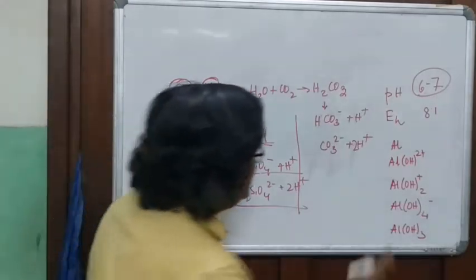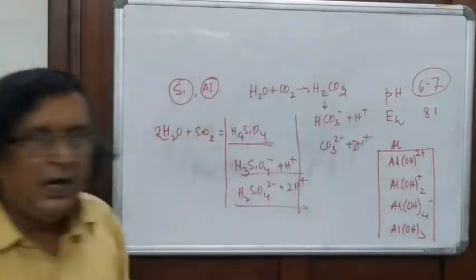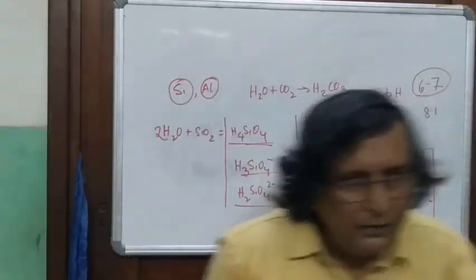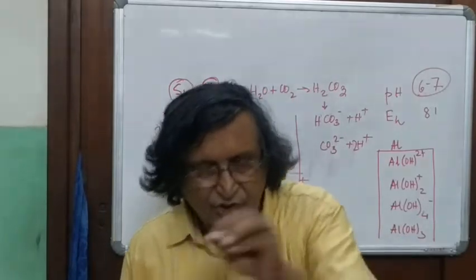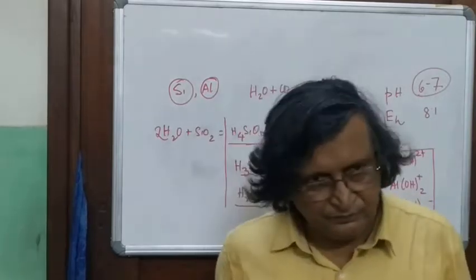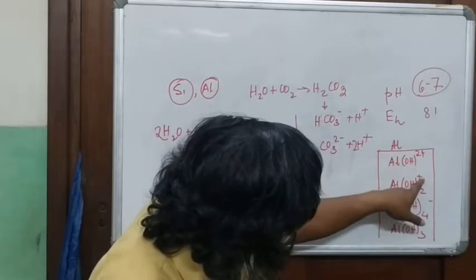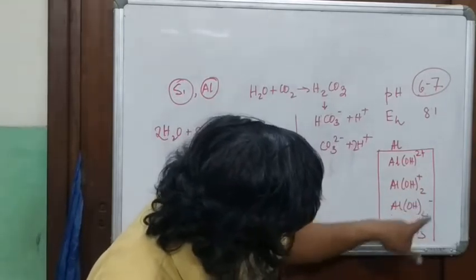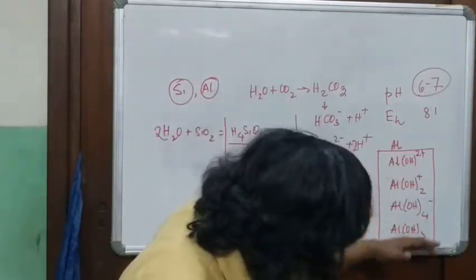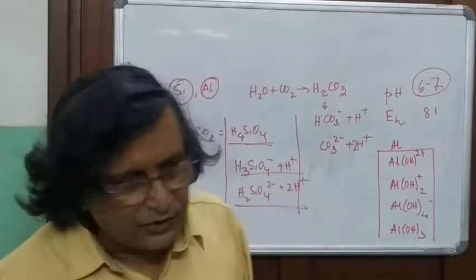These are the species of aluminium that are stable at 25 degrees centigrade and one atmosphere. They are stable, but the stability changes as a function of pH conditions in the water. So aluminium is AlOH 2 plus, Al(OH)2 plus, Al(OH)4 minus, and Al(OH)3, which is gibbsite. These are the species of aluminium formed at different pH conditions of the water.